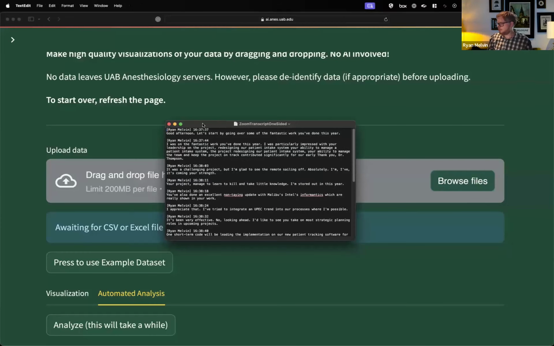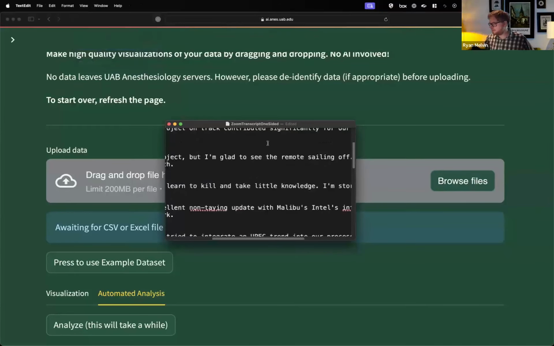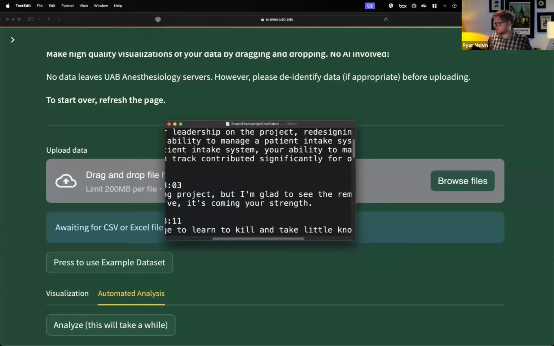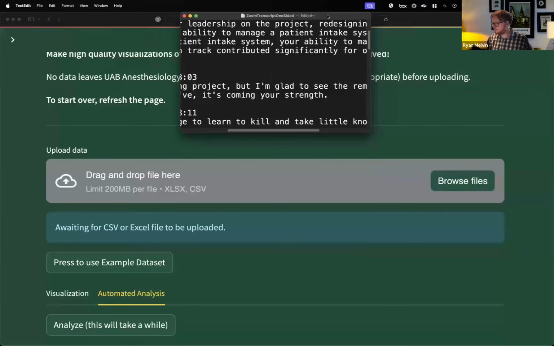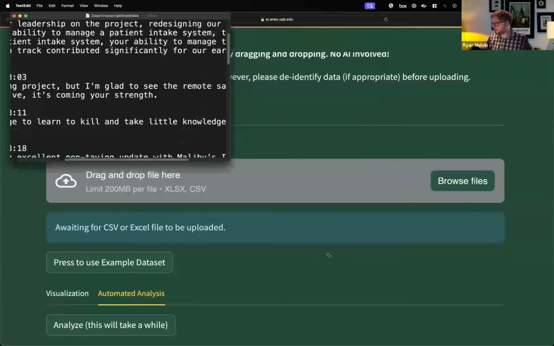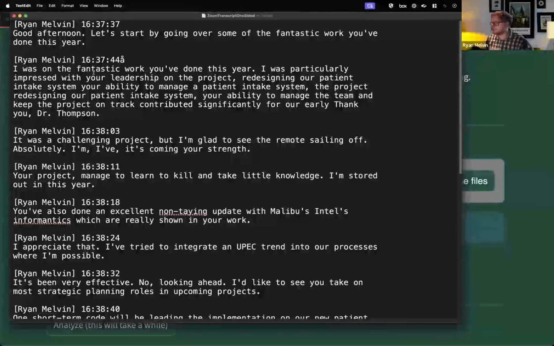Okay, so, oh, that's so tiny. Oh, my window snap thing isn't working. Okay, so I was not in this meeting, and yet it's using my name, right? Because I set up the laptop that was in this meeting. This meeting was actually with Dr. Thompson and Dr. Smith.